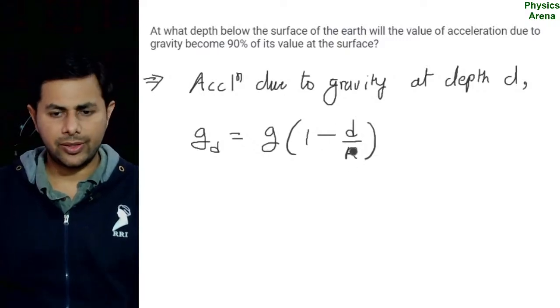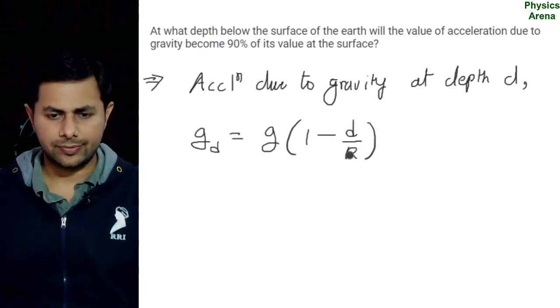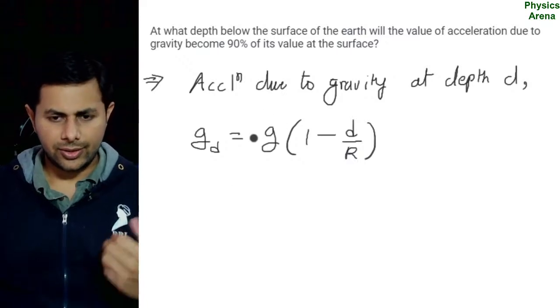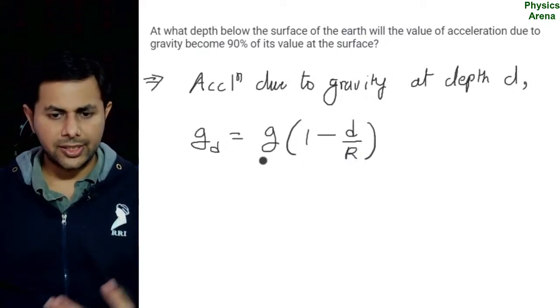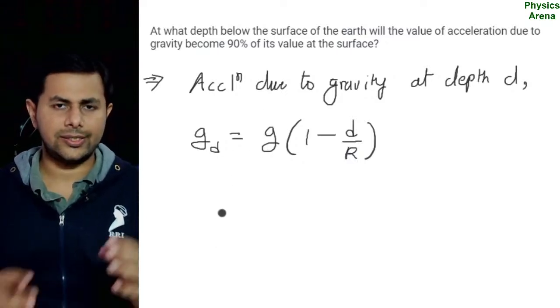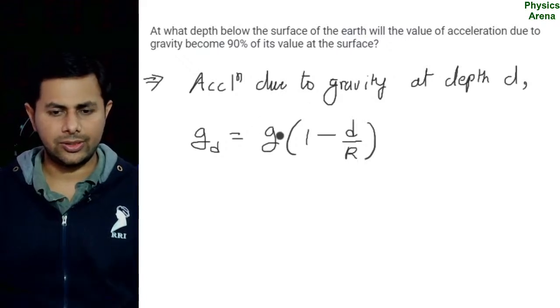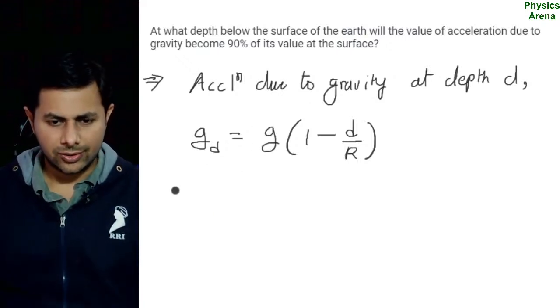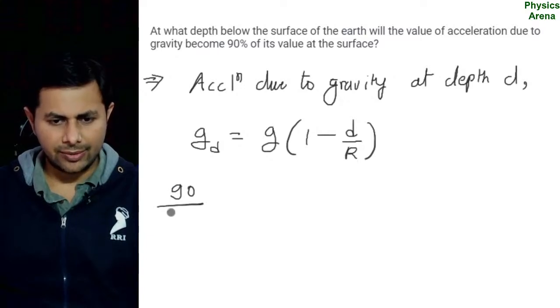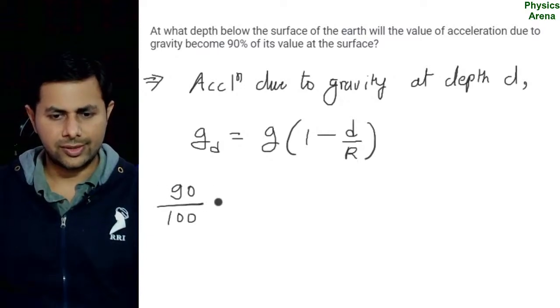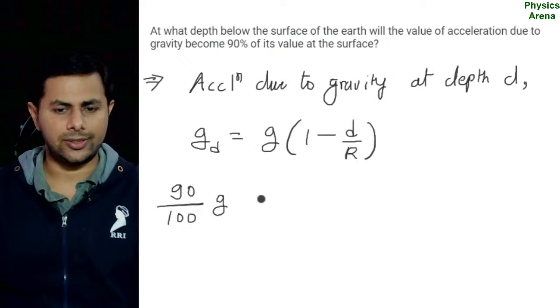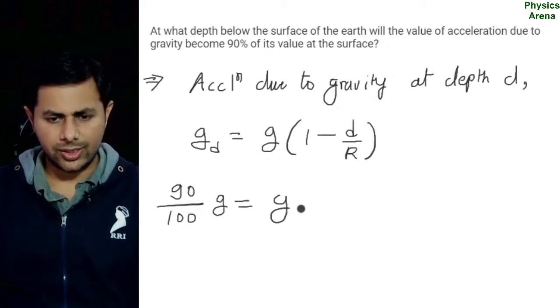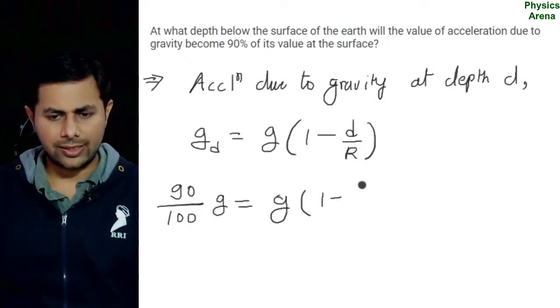Okay, so d is depth, r is the radius of Earth. Now it's given that g_d is 90% of g. So let's substitute that. How do we write 90%? It is 90 divided by 100 times g. This is 90%. Equals g multiplied by 1 minus d by r.